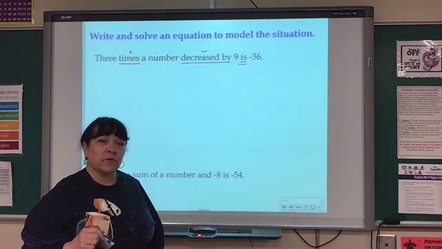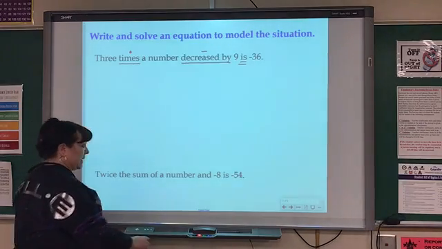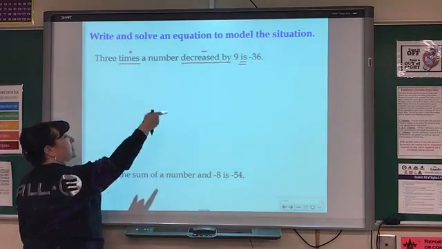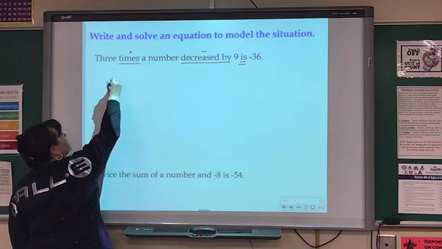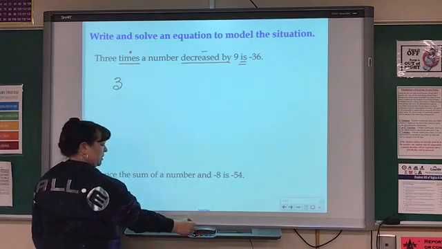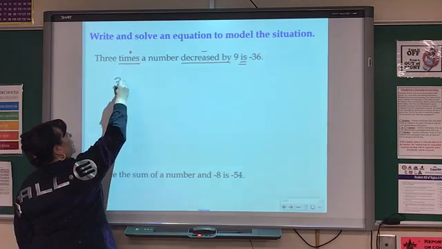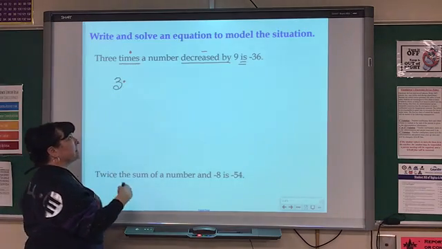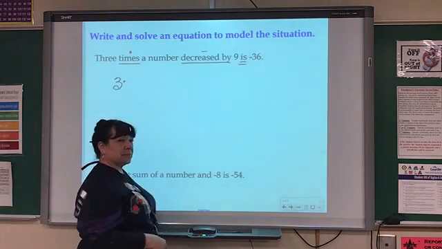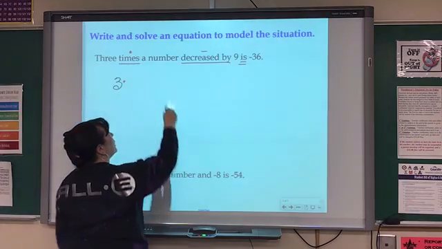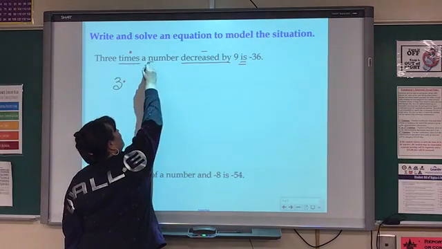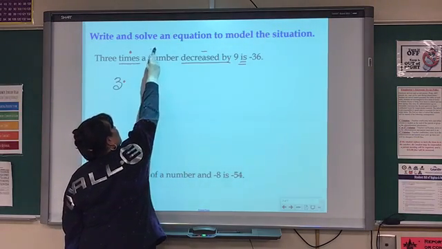As we then read through this, our thing says 3 times a number. Well, that's easy. 3 times, I could use a raised dot, or I could use parentheses, a number. Thing is, I don't know that number, so this number is my unknown.